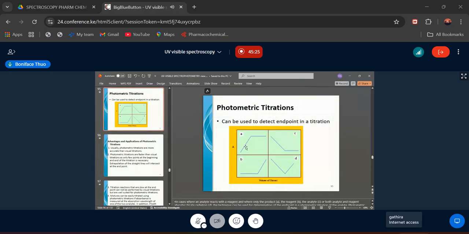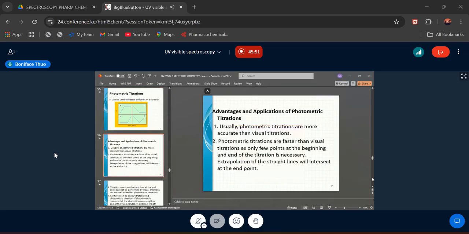For example, you can add 2 volumes of the titrant, which will give you this line, and maybe 2 volumes that will give you this part of the line. And just by drawing those two lines, extending those 4 points, you are able to determine the endpoint rather than monitoring the additions as compared to when you are doing it using visual indicators.